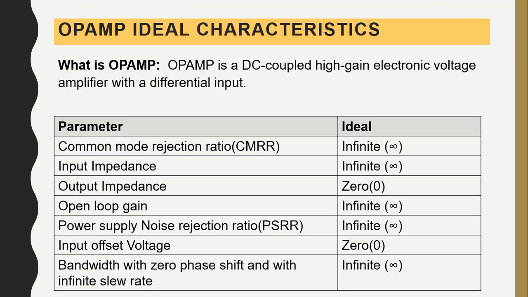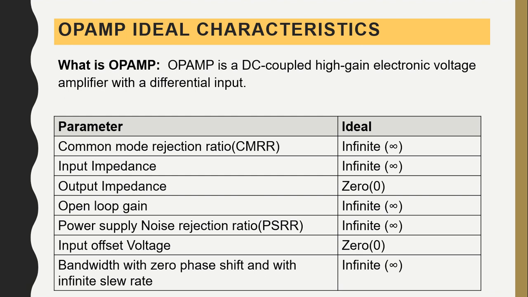By definition, Opamp is a DC coupled high gain electronic voltage amplifier with a differential input. These are the common parameters that we need to consider to select an Opamp.